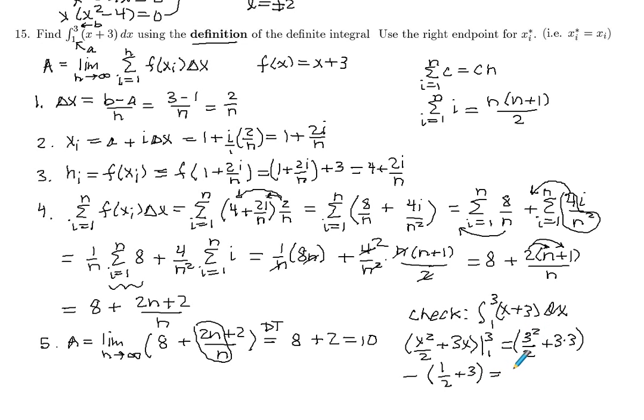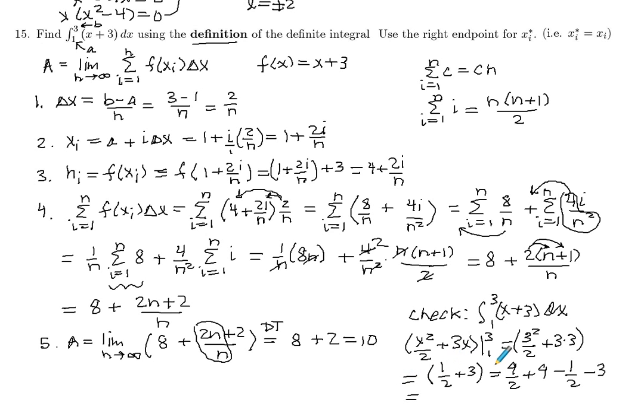So this is 9 halves plus 9, and then minus 1 half minus 3, if we distribute that minus sign. So here, that's the equal sign.